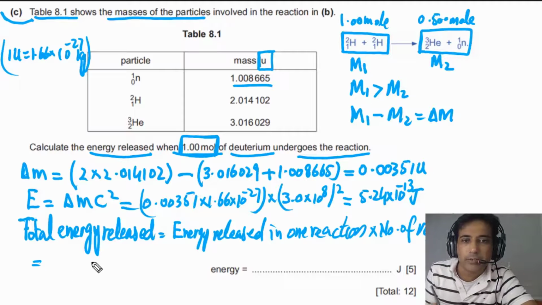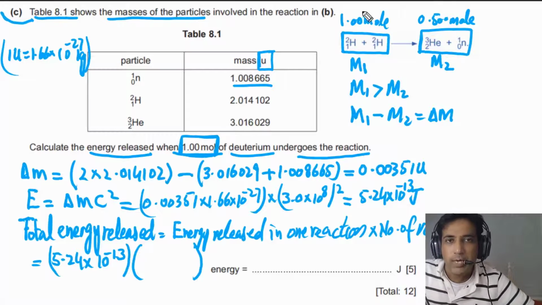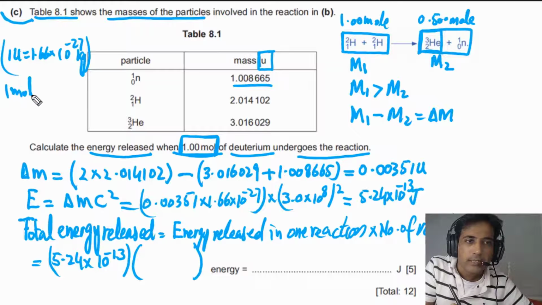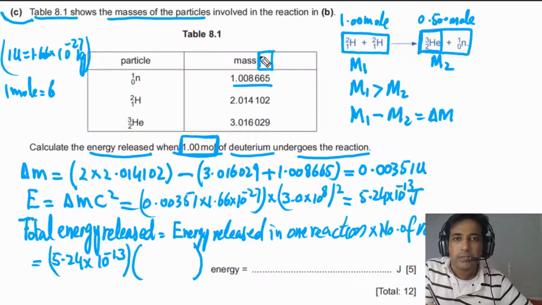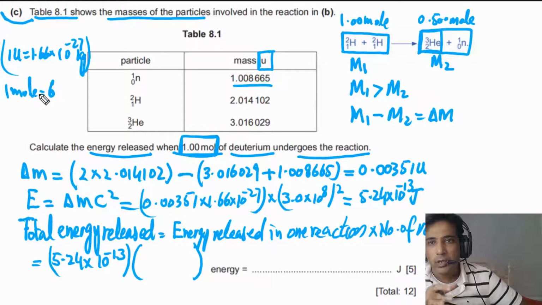In this case, we have energy released in one nuclear reaction, that is equal to 5.24 times 10 to negative 13. We need to calculate number of nuclear reactions. We have already discussed, if we have 1 mole of deuterium, it will form 0.5 mole of helium. Now we need to understand 1 mole of any substance has number of atoms, or number of molecules, or in this case simply number of nuclei, equal to 1 Avogadro's number.